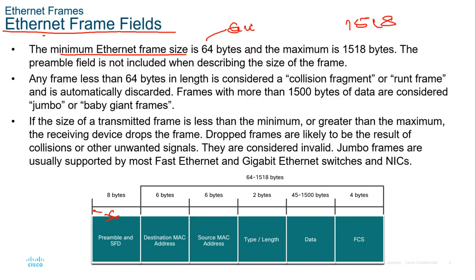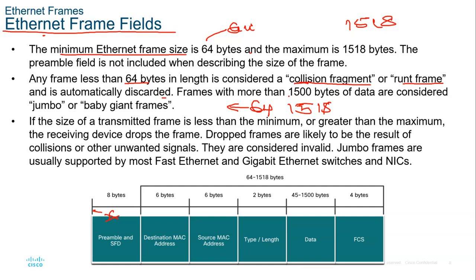So anything that is less than 64 bytes in length is considered a collision fragment or runt frame, and is automatically discarded.